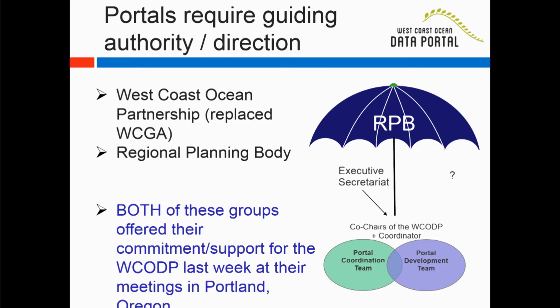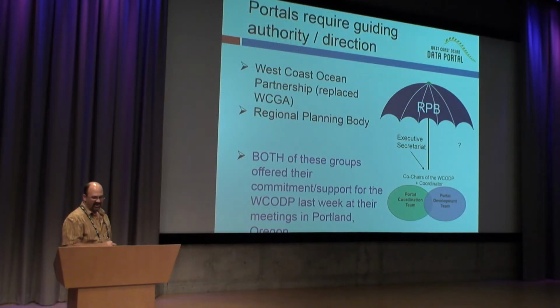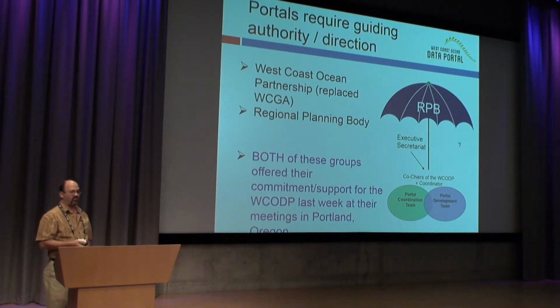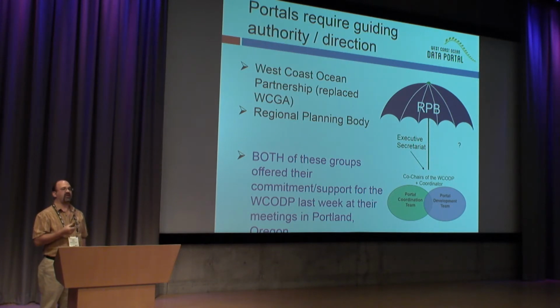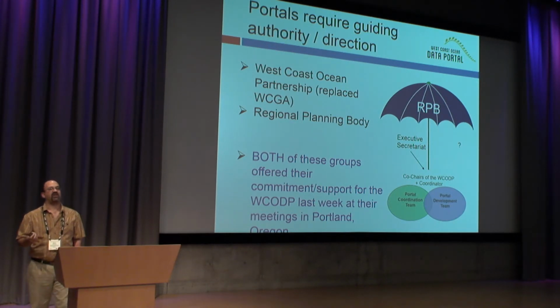But now we have this RPB coming along, and something that they've renamed the West Coast Partnership. I don't have that labeled here, but that's sort of the new governors' agreement. It's now the partnership. I guess that's user-friendly. And we presented this concept to both of their boards last week, and both of them have come forward to say, these are important tools. Having a consistent data portal matters, and we want to support that somehow.